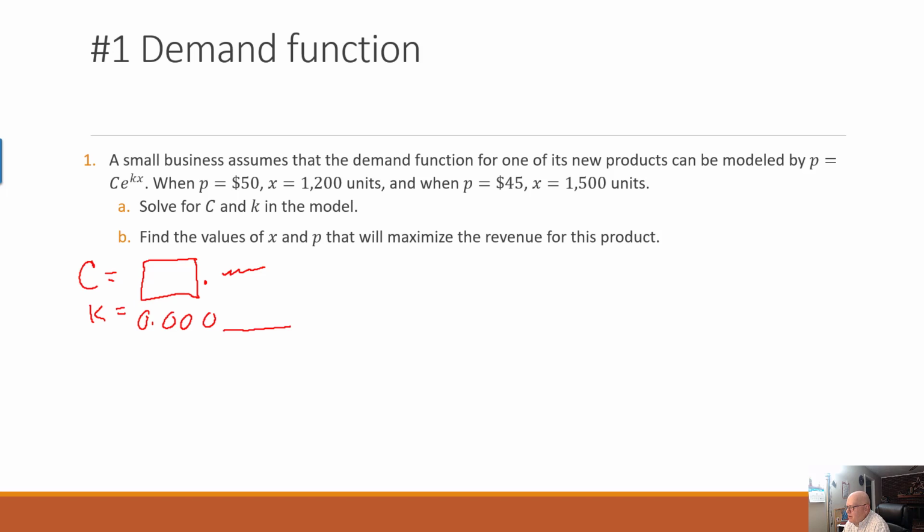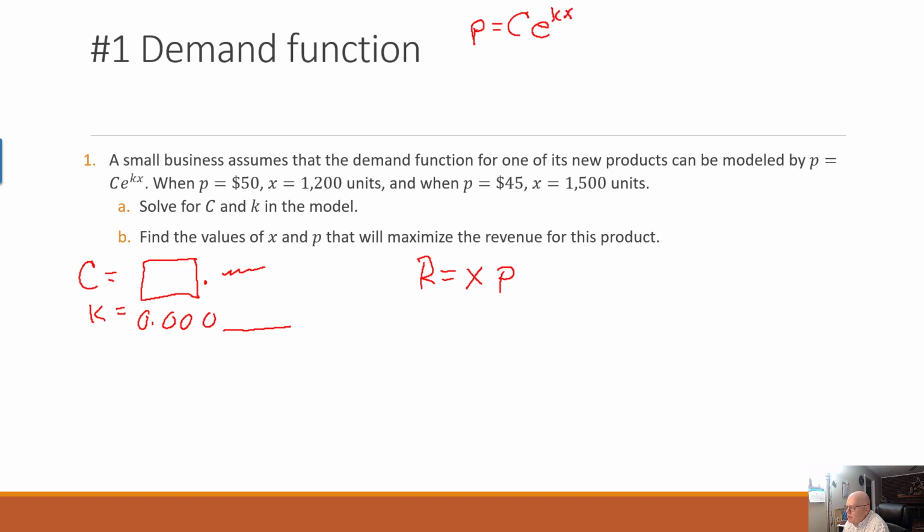It says find the values of X and P that will maximize the revenue. Well, just a quick reminder, revenue equals the number of items times the price. So you'll go back up here to this formula. Let's rewrite this. P equals C e to the KX.